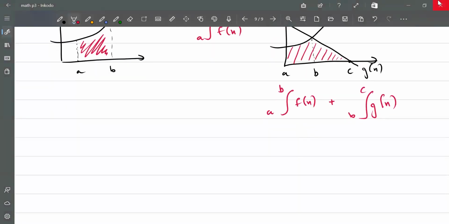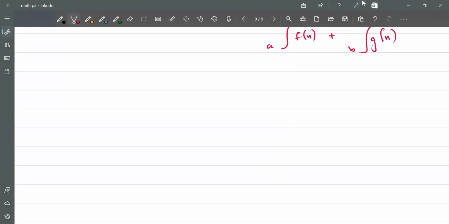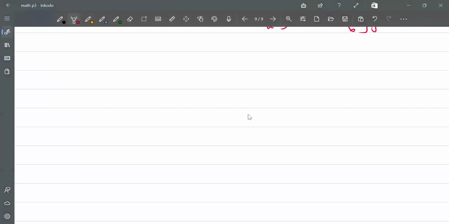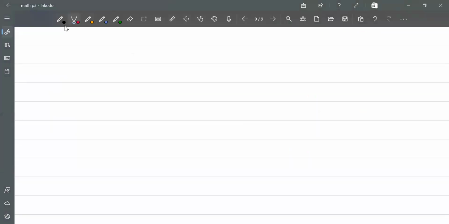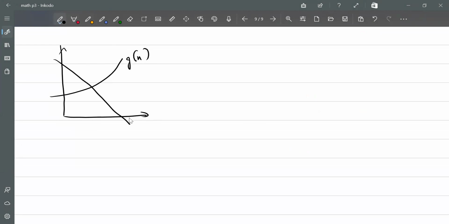Similarly, let's look at a couple more cases. This is f(x).